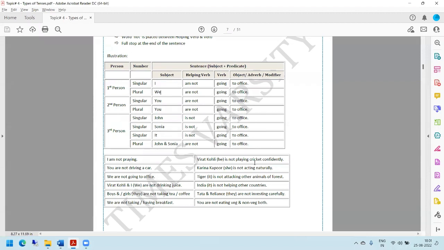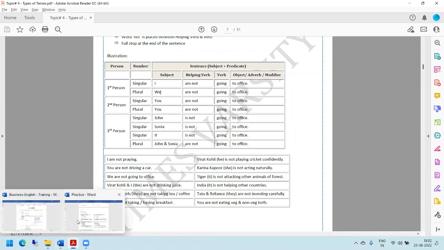Virat Kohli is not playing cricket confidently. Kareena Kapoor is not acting naturally. Tiger is not attacking other animals. India is not helping other countries. Tata and Reliance are not investing carefully. You are not eating veg and non-veg both.